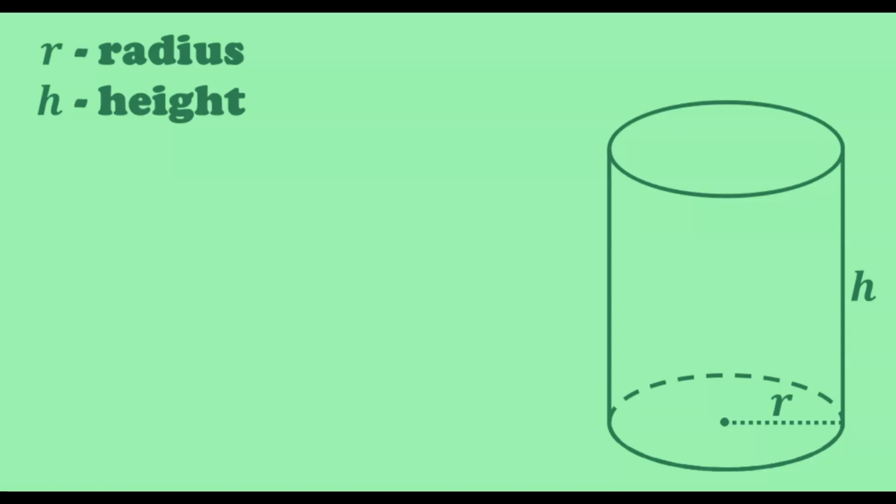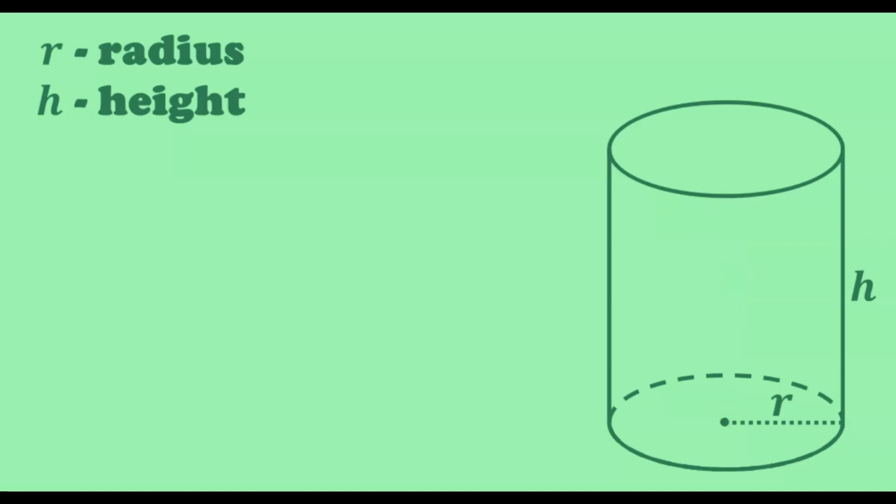Now first of all, let us consider the surface area of the curved surface of the cylinder. That is, this curved surface over here. Let's consider the area of this curved surface. Now for that, we're going to imagine slicing the cylinder. That is, suppose we slice the cylinder like this, and then we unroll that curved surface.